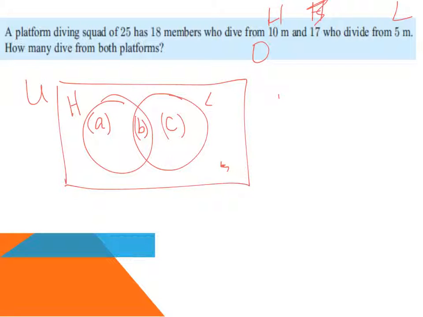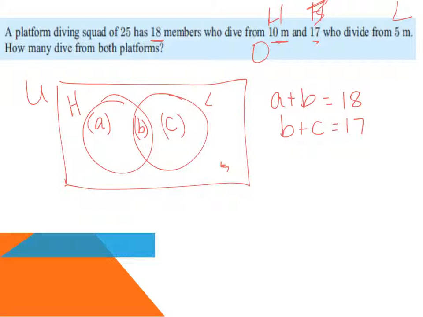So I know that A plus B has to equal 18 because 18 dive from 10 meters, and that's the H. And then B plus C is going to be how many dive from 5 meters, and that's 17.